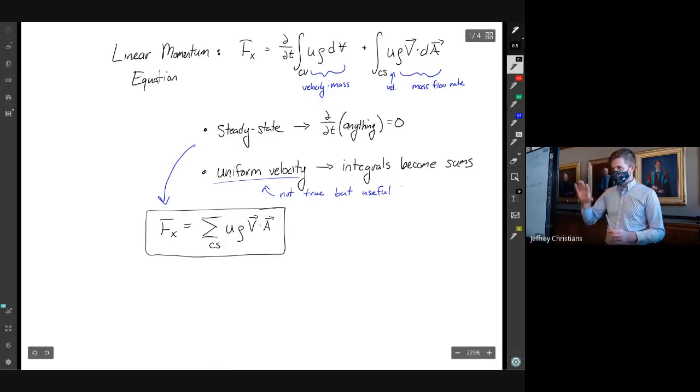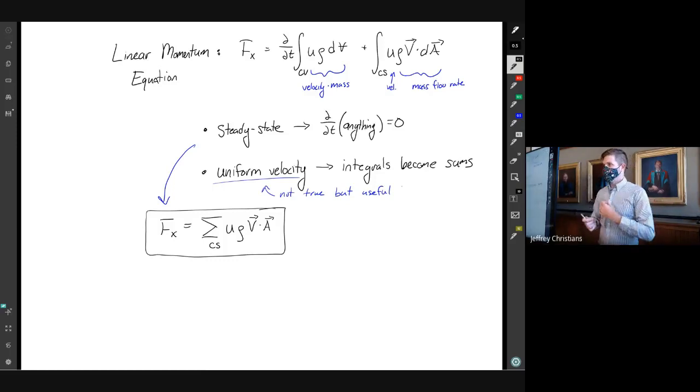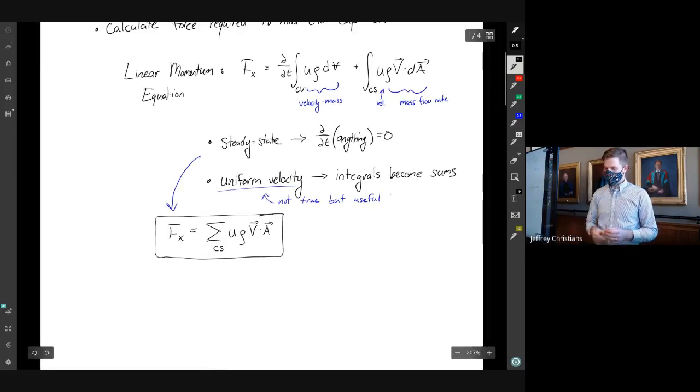So that's mostly what we're going to deal with. Although, like I said, we will have a little practice doing some of the actual integration and seeing how the integral works by itself.